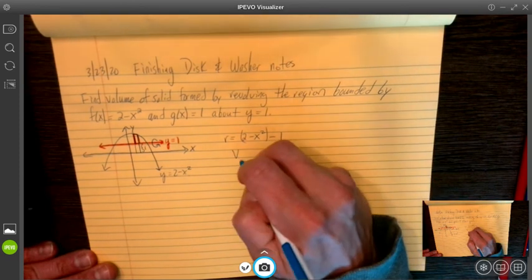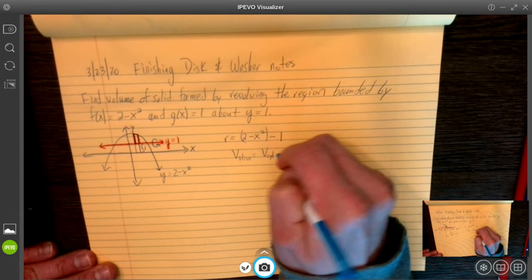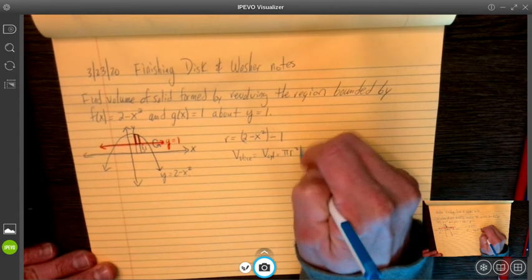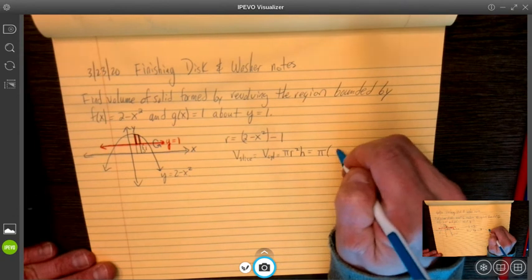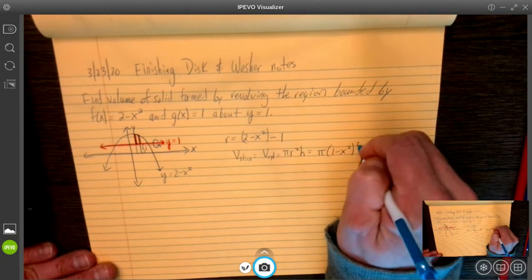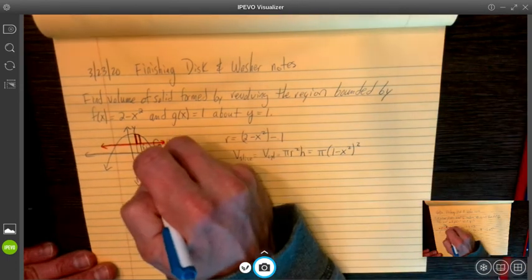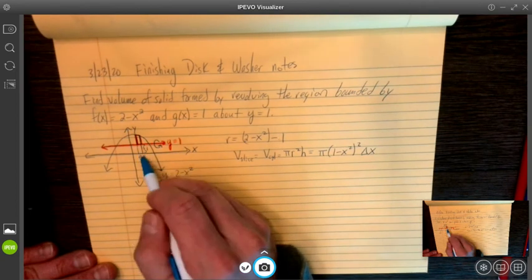My slice is going to be a cylinder, like we said in earlier lessons: pi r squared h. The pi is the pi. R is going to be 2 minus 1, which is 1 minus x squared, squared. And then the height of my cylinder might throw some of you who have not done this quite yet.